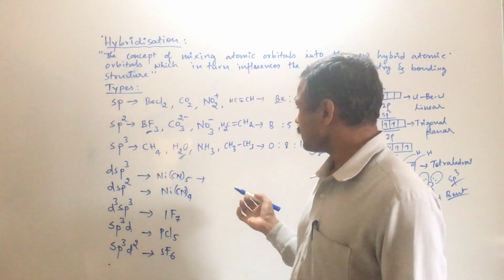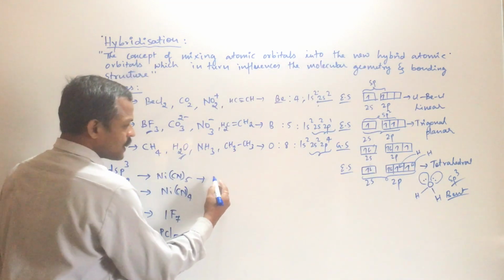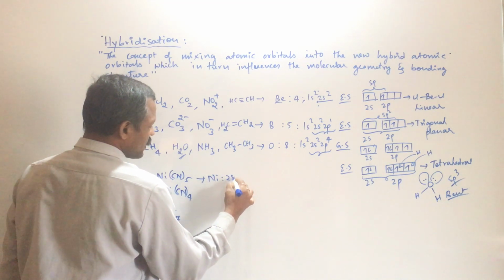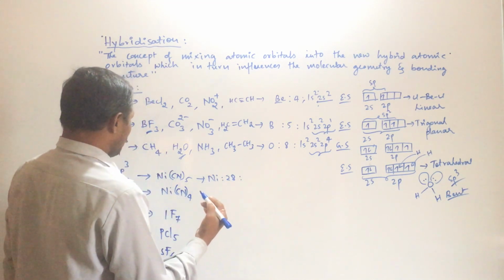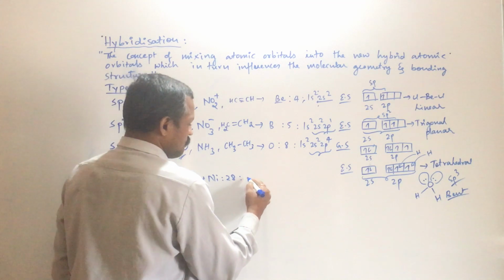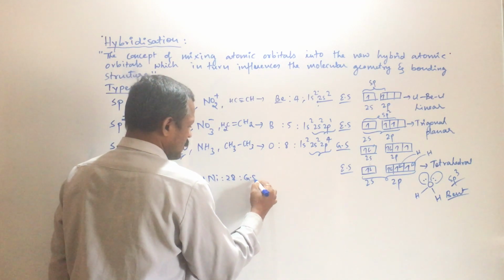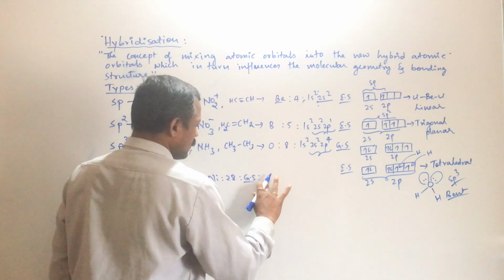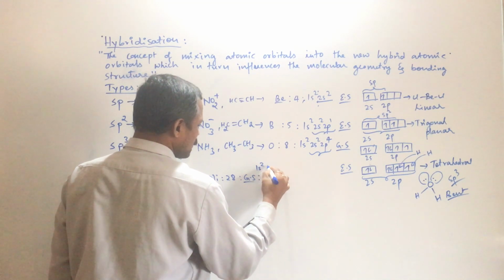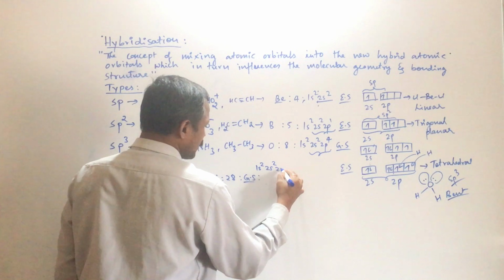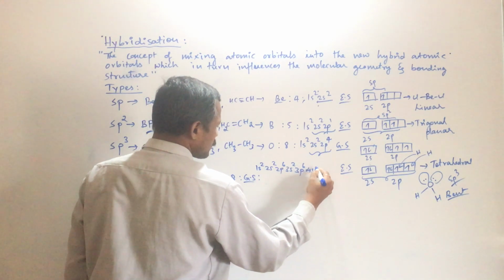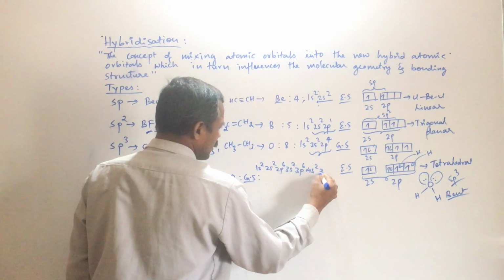Next, in dsp3 hybridization, we know that nickel's atomic number is 28 and the ground state electron configuration is 1s2, 2s2, 2p6, 3s2, 3p6, 4s2, 3d8.